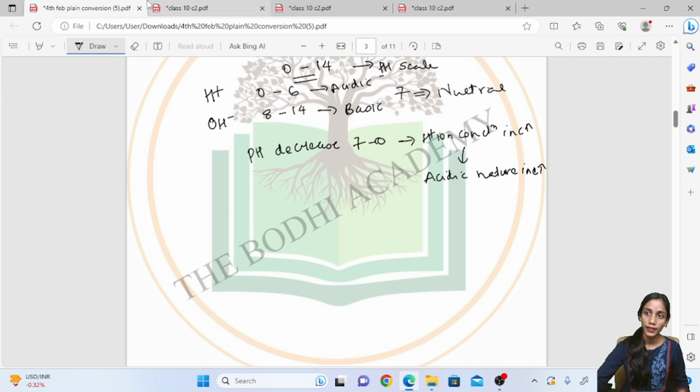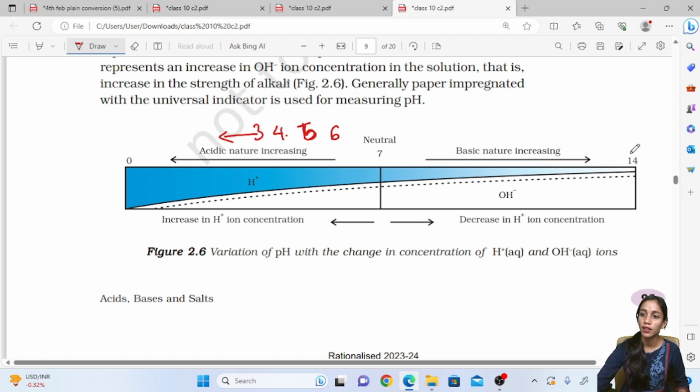Then we have the other side, 7 to 14. From 7 to 14 the basic nature increases. As the pH number increases from 7 to 14, there is an increase in OH minus ion concentration, an increase in basic nature, and a decrease in H plus ions. So over this side there is an increase in H plus ions, and over the other side there is a decrease in H plus ions and an increase in OH minus ions.